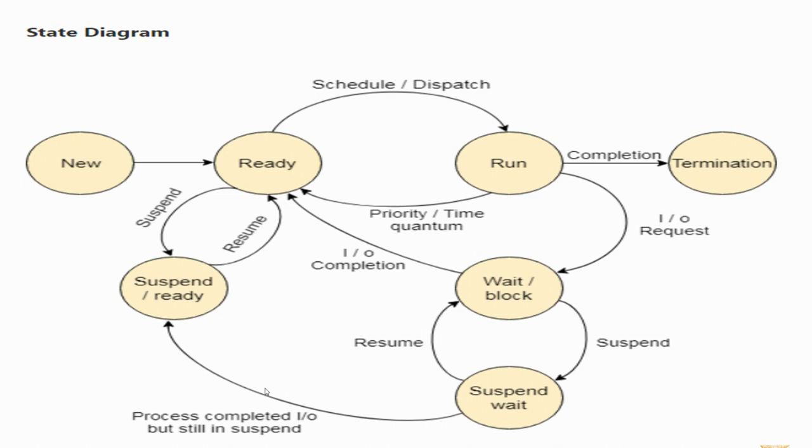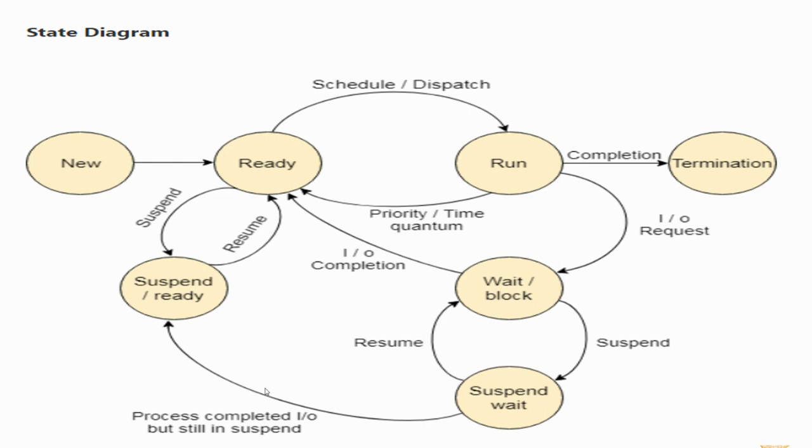Meanwhile, again there may be a problem that arises. You can see an arrow from the run state to the ready state written as "priority by time quantum", which means that a process which is executing its task in the run state may be preempted back to the ready state due to priority or time quantum.